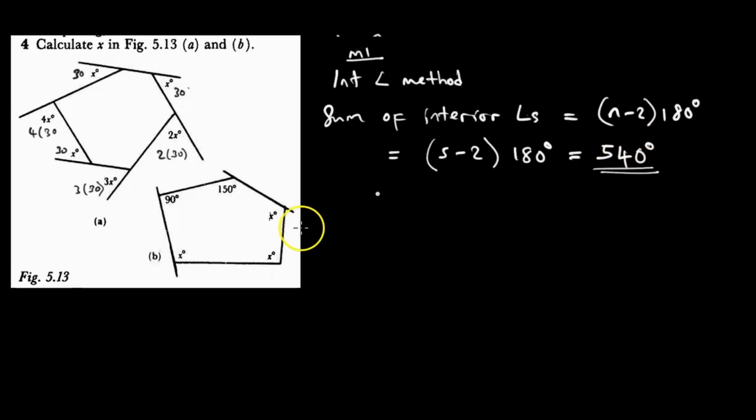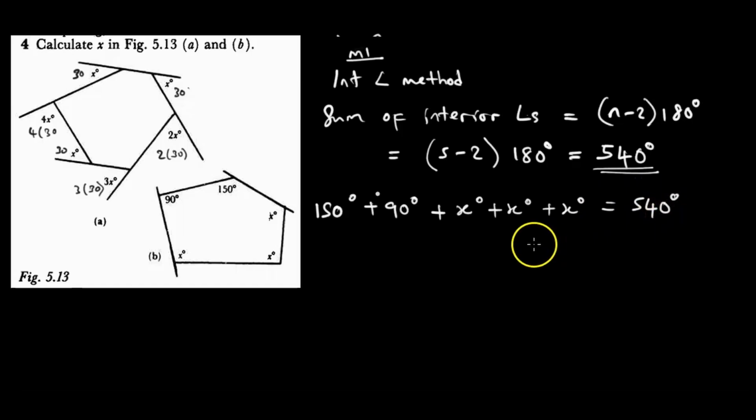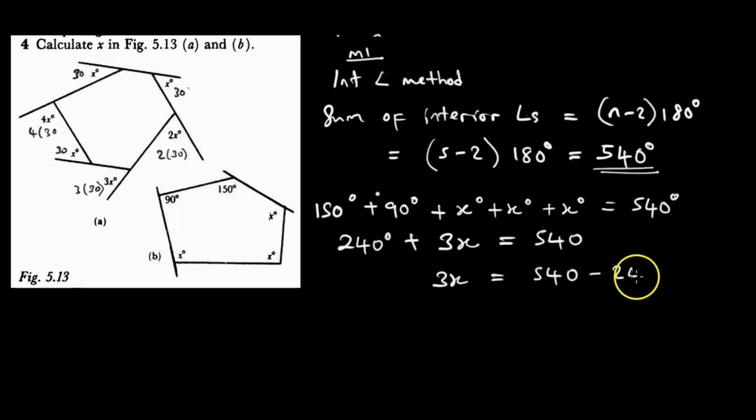Then we know we have to add our interior angles, so 150 degrees plus 90 degrees plus x plus x plus x. This is equal to 540 degrees. What is 150 plus 90? It is 240. So we have 240 degrees here plus x plus x plus x, that's 3x, equal to 540. 3x is equal to 540 subtract 240.